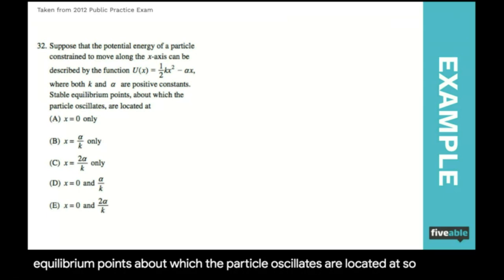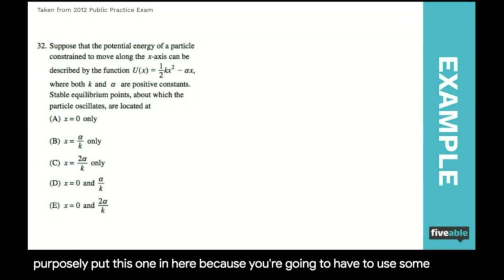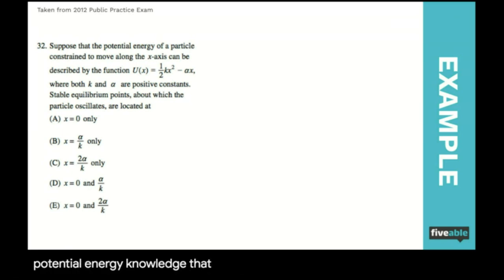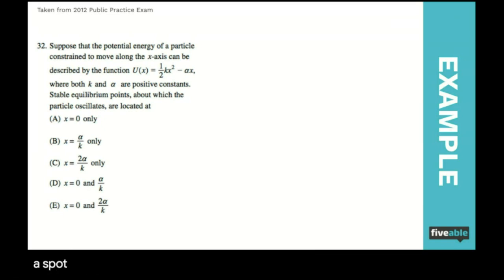So for this, I purposely put this one in here because you're going to have to use some potential energy knowledge that I didn't directly talk about, but is still totally legit, because in order to find a stable equilibrium point, what we're looking for is a spot where the force acting on the block is going to be 0.